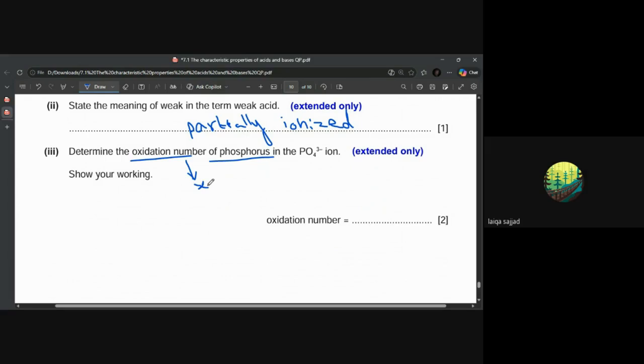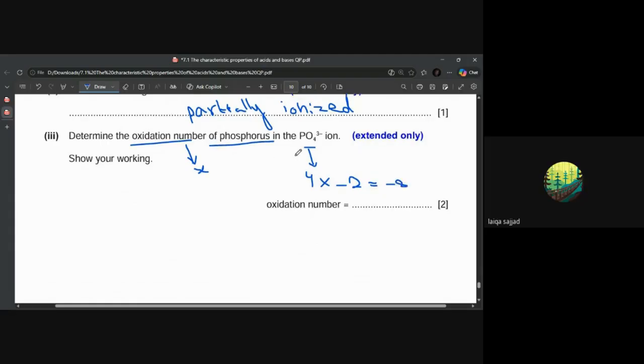And we can see that there are 4 oxygen atoms, so their total contribution would be 4 times -2, which is -8. Very good. Now if we set up the equation, the overall charge is -3.